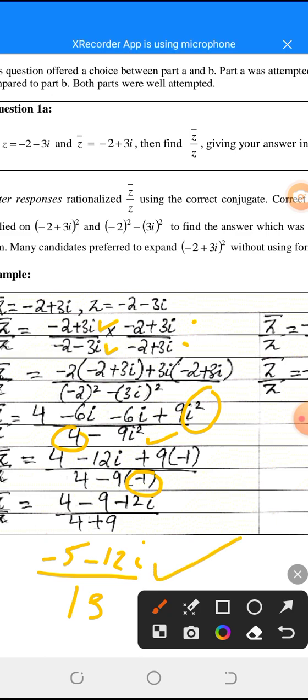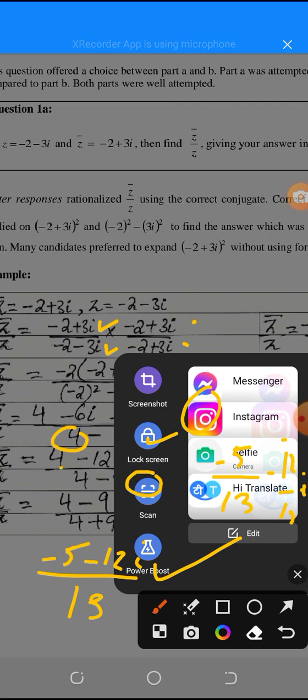So you can write it as it is. This will be the final answer, or you can write it in this way by distributing this into real and imaginary parts: a + b iota, with 12 over 13 and here it will be iota. Okay, so this will be the final answer.